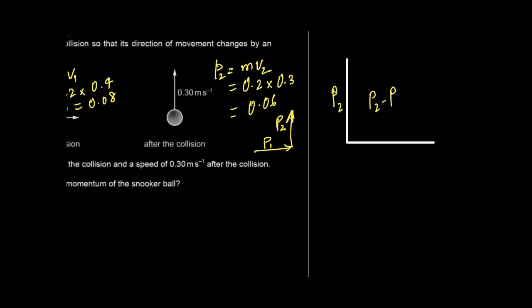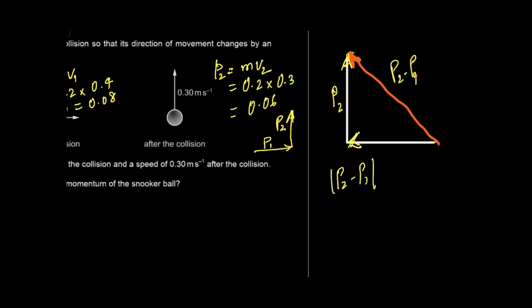This is P2, and minus P1 is in the opposite direction of P1. So this is P1, this is P2, and this is P2 minus P1. So this is clearly a right angle triangle.